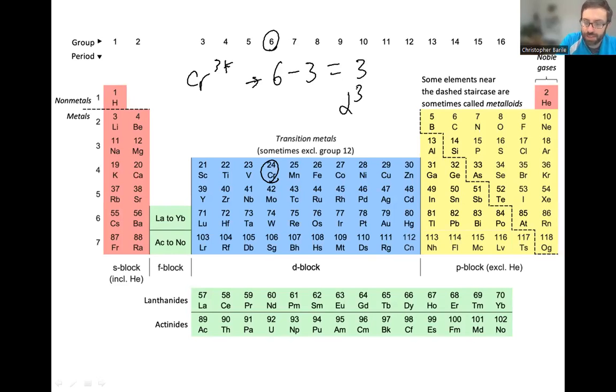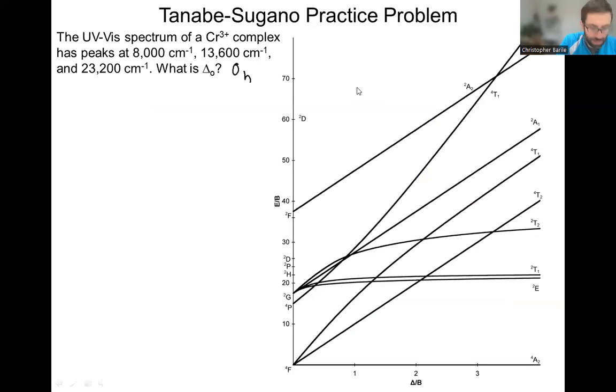This is a d3 complex, and that means we're going to use the d3 Tanabe-Sugano diagram, which I pulled up here. If this were tetrahedral chromium 3+, we would have to use the d7, the 10 minus 3, tetrahedral diagram. But it's octahedral, so we just use the d3 Tanabe-Sugano diagram.